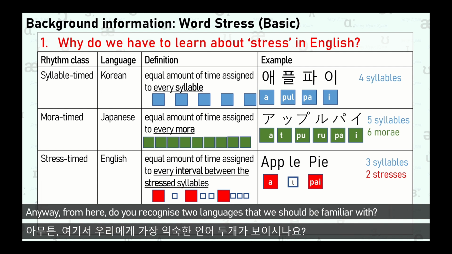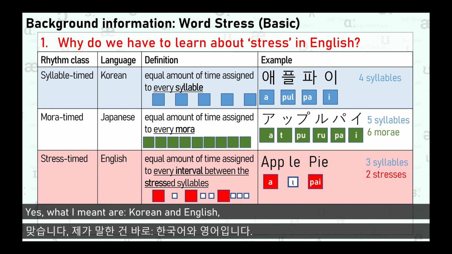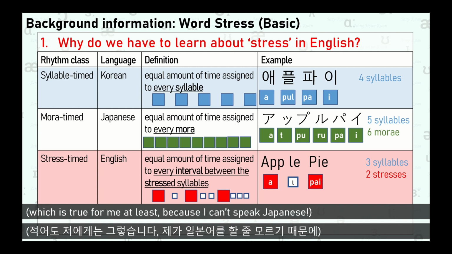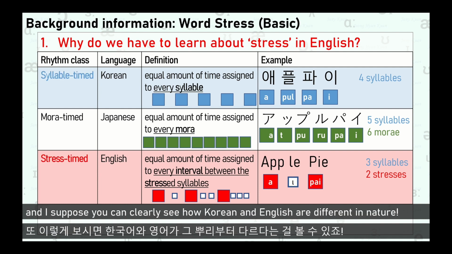Anyway, from here, do you recognize 2 languages that we should be familiar with? Yes, what I meant are Korean and English, which is true for me at least because I can't speak Japanese. And I suppose you can clearly see how Korean and English are different in nature.